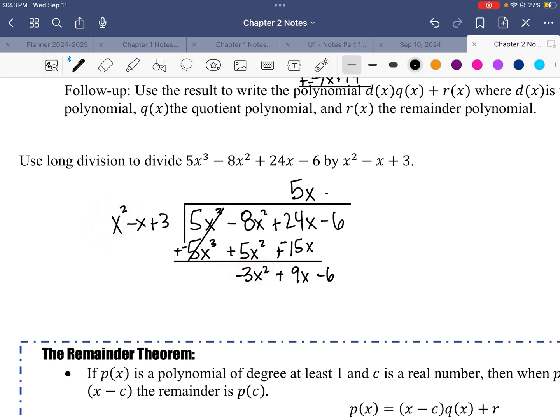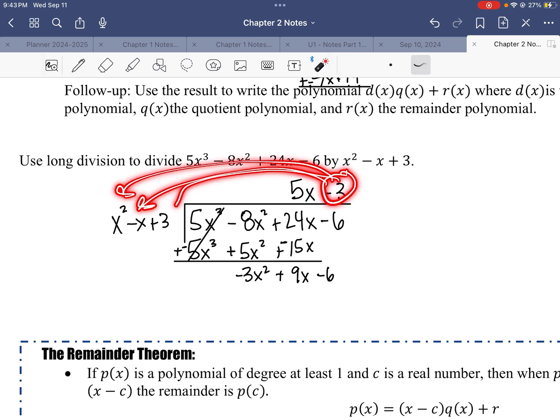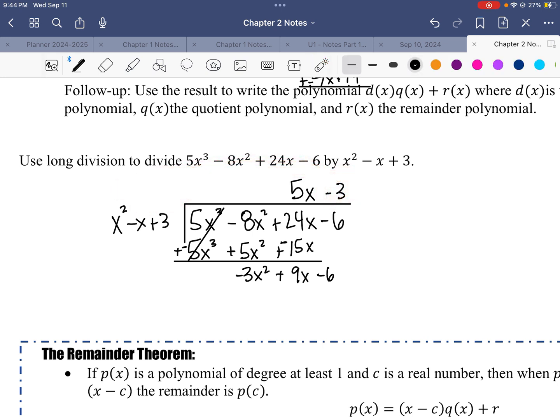The only piece you're missing is that negative 3. And then we have to, again, multiply by each term. So negative 3 times x squared is negative 3x squared. Negative 3 times negative x is plus 3x. And negative 3 times 3 is negative 9.